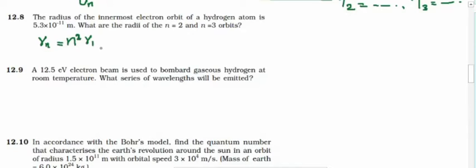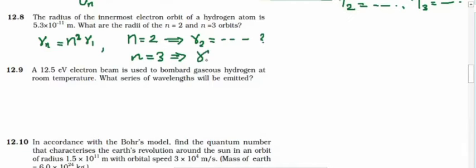R1 is given in the question. So you take n is equal to 2 and find the value of R2, and take n is equal to 3, then find the value of R3. So you get the answer.